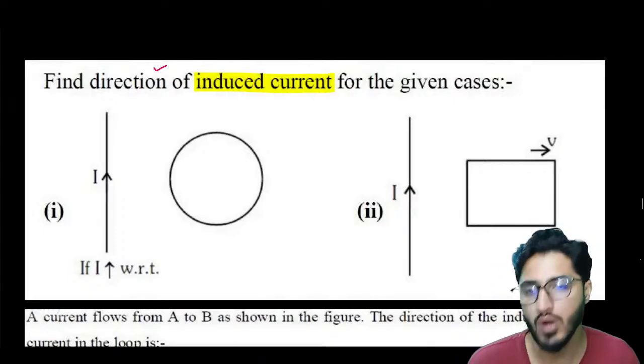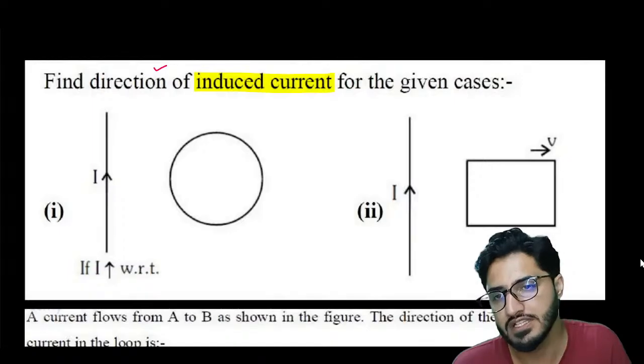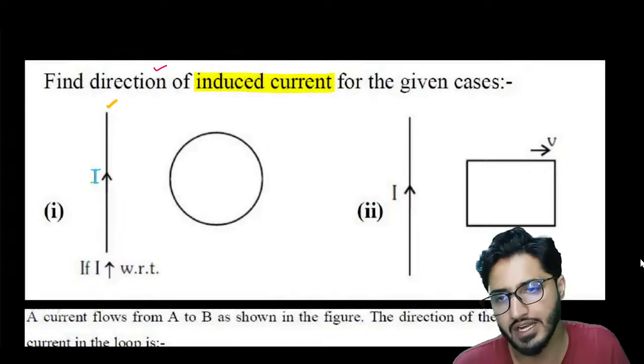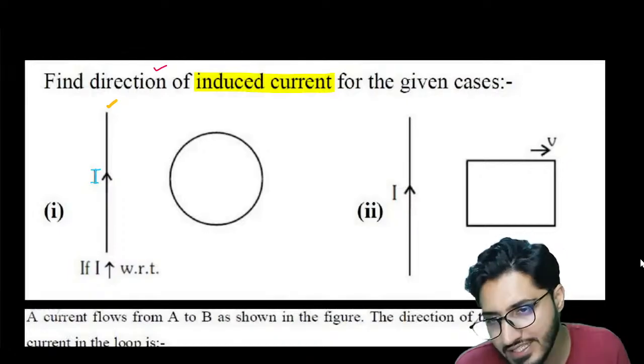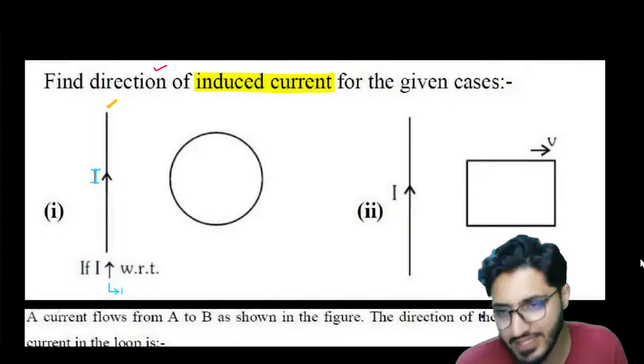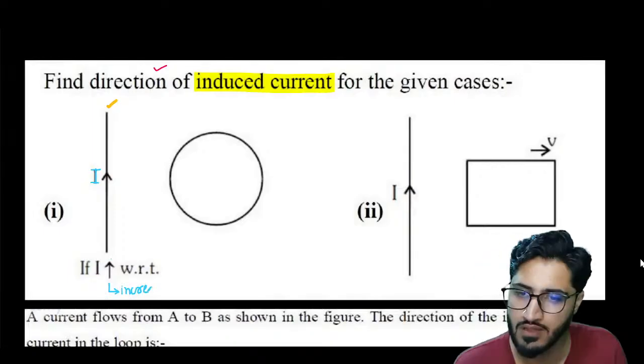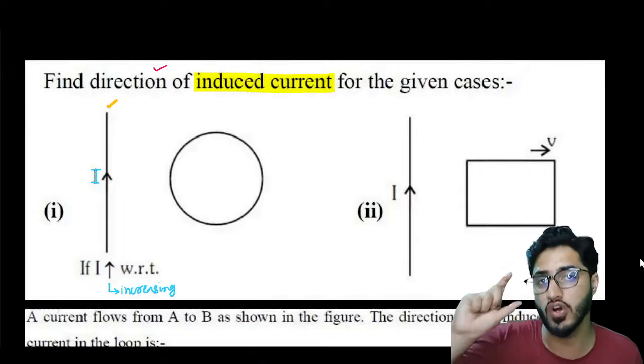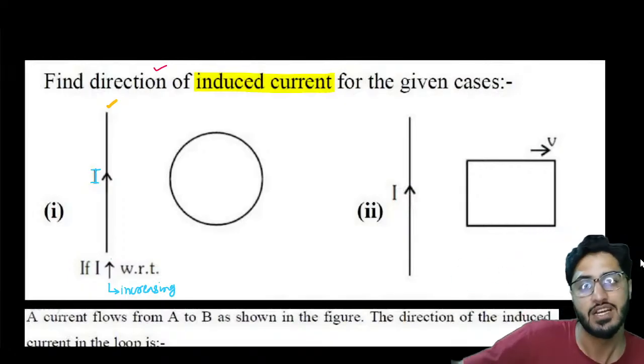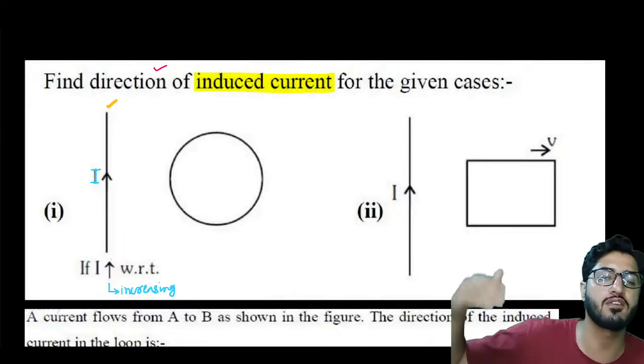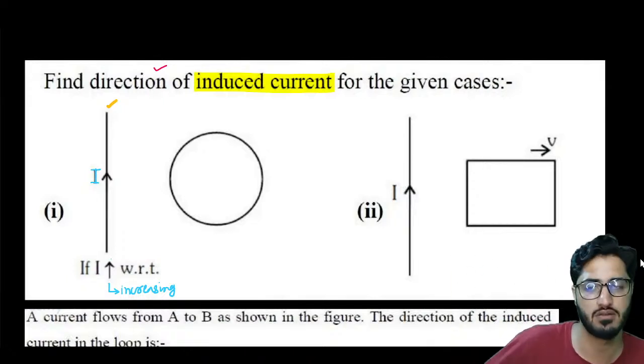Look here, if this is my wire and current I is flowing through it, and this current is increasing with respect to time. That means current is not constant, it is increasing: 2 ampere, 3 ampere, 4 ampere, 5 ampere, 6 ampere.